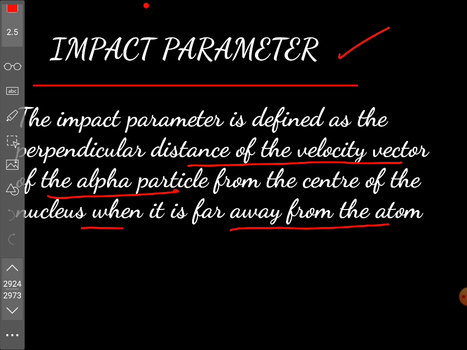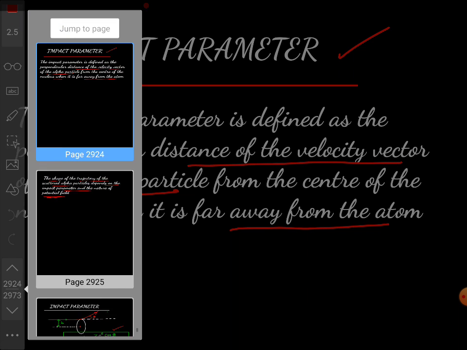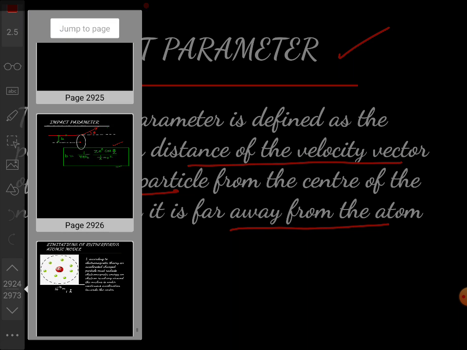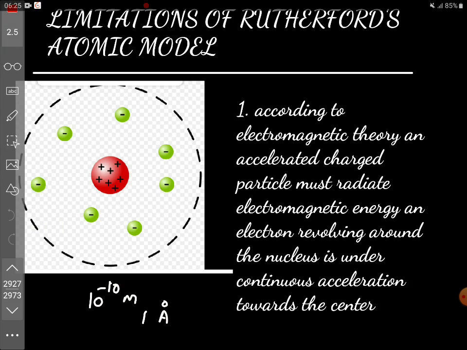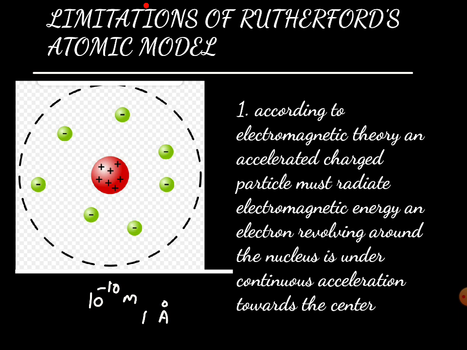So we are now going to understand what the limitations of Rutherford's atomic model were. First of all, Rutherford's atomic model suggested that electrons are moving in accelerated motion around the nucleus.